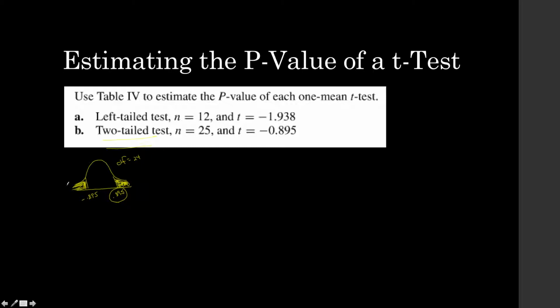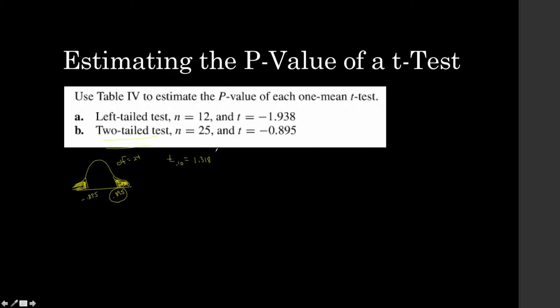In row 24, 0.895 is not in there. T at 0.10 equals 1.318. This is the smallest value in that particular row, and 0.895 is even smaller than that. Okay?